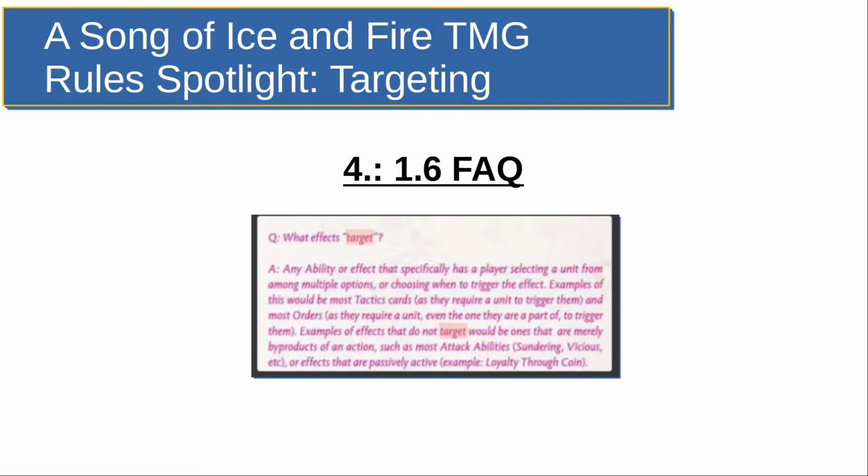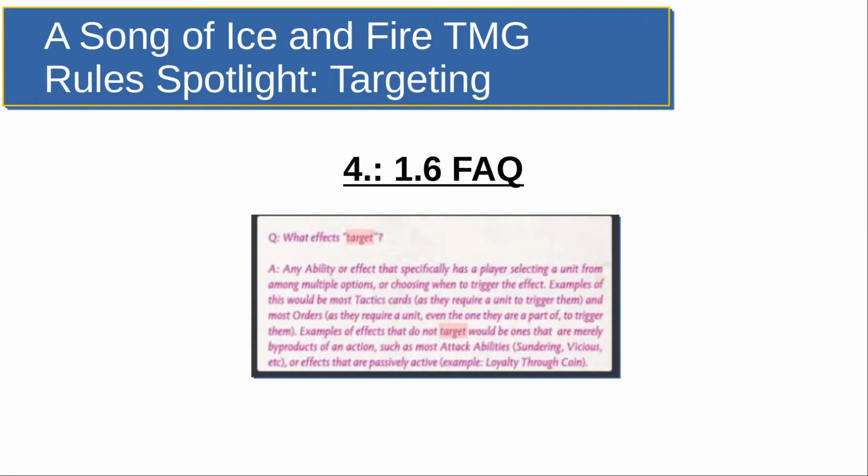But it's not really relevant in the end, because orders anyway target the own unit already, and tactics cards already target the unit that's in the trigger. So when it says when an enemy unit attacks or whatever, then the enemy unit would be a target anyway. So this choosing when to trigger is a bit redundant. You don't really need this part of the answer, I think.